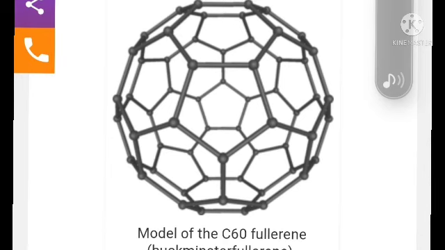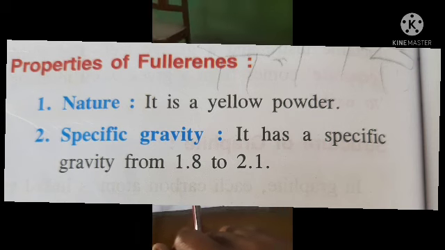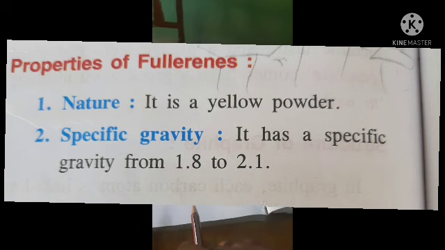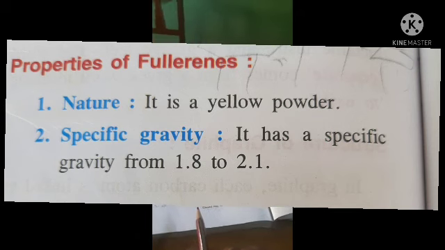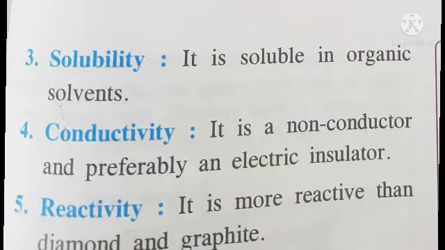Its properties: it is yellowish in color and has a specific gravity from 1.8 to 2.1. It is soluble in organic solvents, like petrol and toluene. These are all organic solvents.